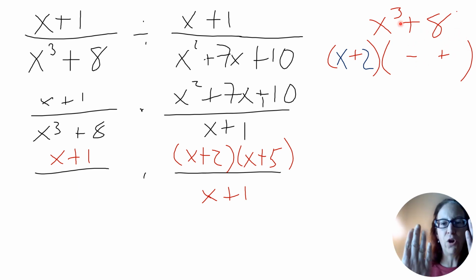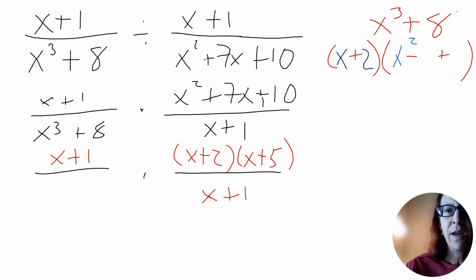Think about the slices of bread as kind of like squares, okay? Square it, smush it together, and by smush it together, we just mean multiply. So I'm going to square the x to get x squared. I'm going to square the 2 to get 4, and then I'm going to do x times 2 to get the middle, which would be 2x.